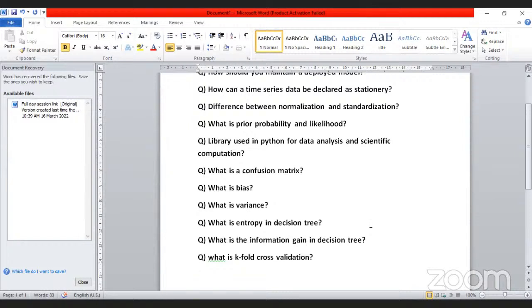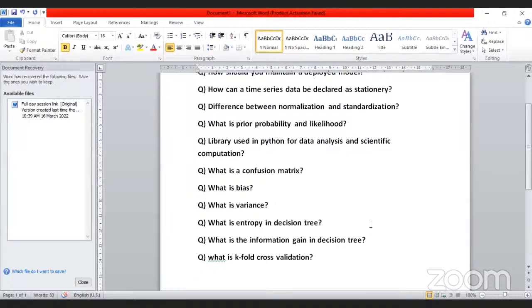In each iteration of the loop, one of the k parts is used for testing, and the other k minus 1 parts are used for training. This is how k-fold validation works. Each one of the k parts of the data set ends up being used for both training and testing.